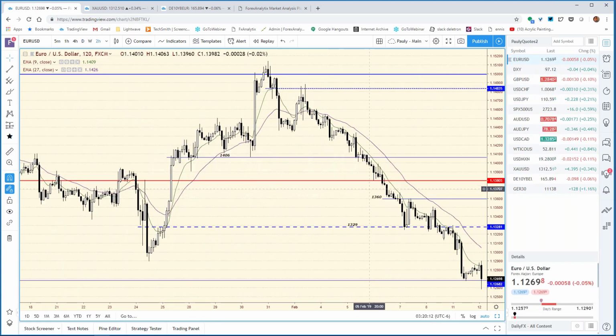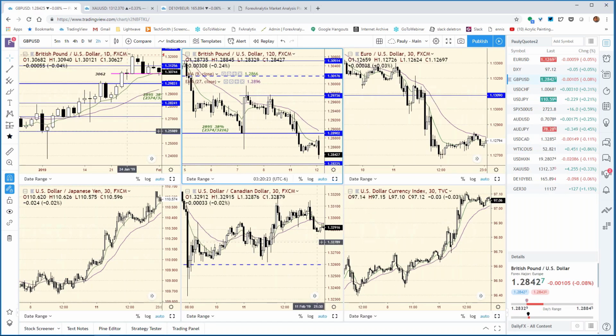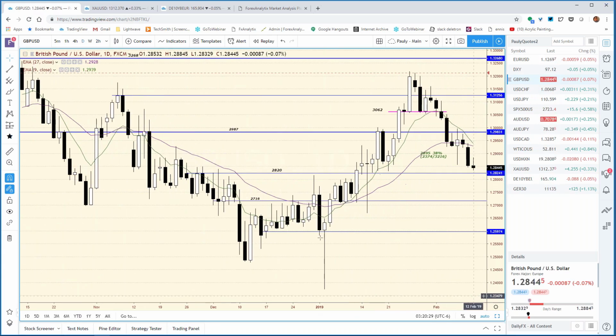We'll move into cable. Well, we're making this move down here to 2820, and that's some nice support in here.